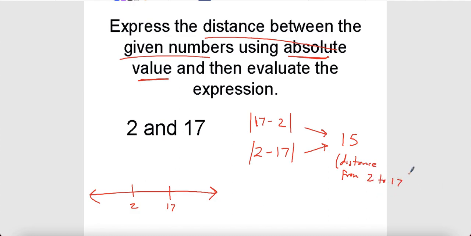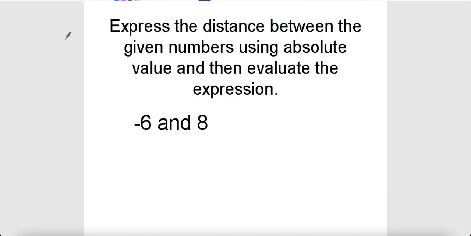So that's how we use absolute value to express the distance between two numbers. Either one of those two, which both lead to 15. All right? Negative 6 and 8, again, same thing.